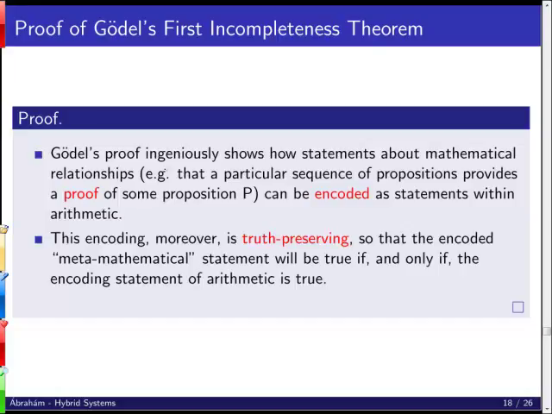At each point, if the logic is so strong that it can argue about itself, then it is undecidable. And Gödel has shown that Peano arithmetic is strong enough to encode proofs in the logic itself, and this encoding is truth-preserving. That means you can indeed formulate something like: P is derivable. There is a proof for P.